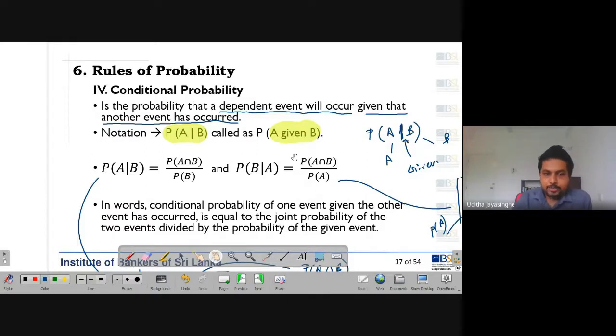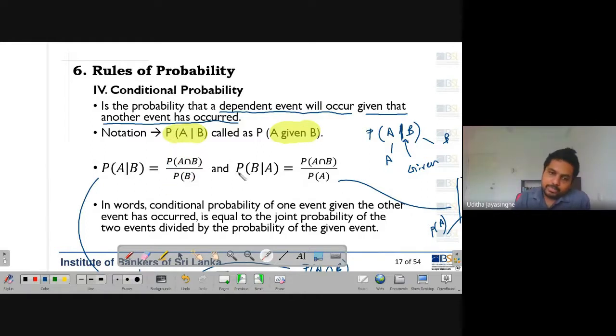Last point, inverse. The conditional probability of one event given that the other event has occurred is equal to the joint probability of the two events divided by the probability of that given event. This is how we define P A given B, joint probability divided by the probability.